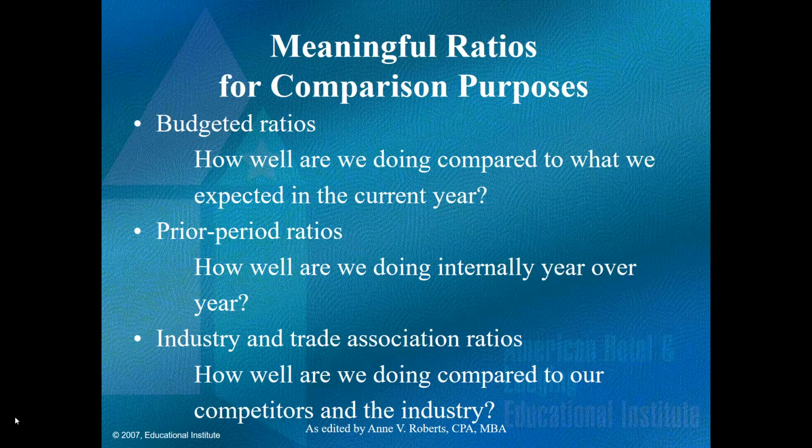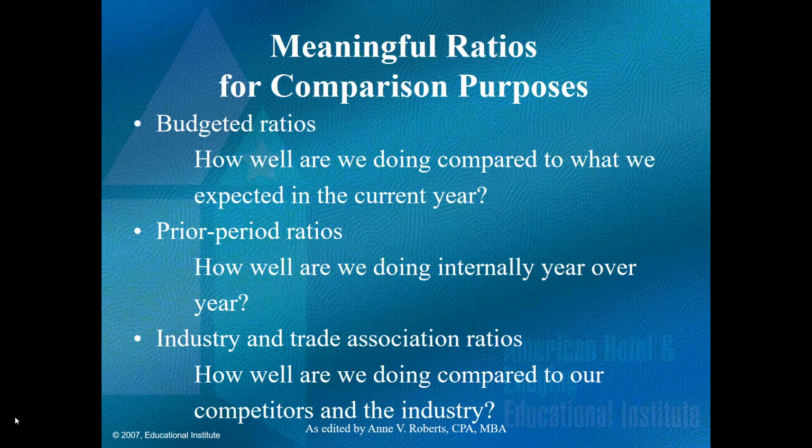All right, again, this is a review here. So when you're doing your comparisons, remember, go vertical first, calculate your ratios, and then the first thing that you determine is how did we do compared to the current year's budget, okay? Then we go horizontal. So then we compare this year to last year and maybe even 2 years ago. So then we try to establish internal trends on how this ratio is doing.